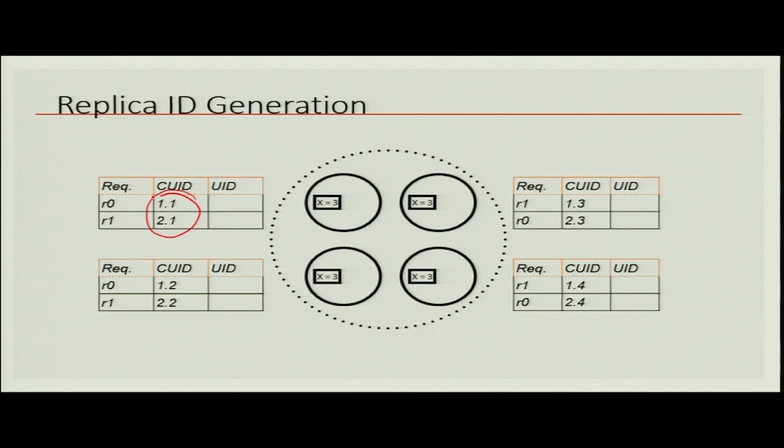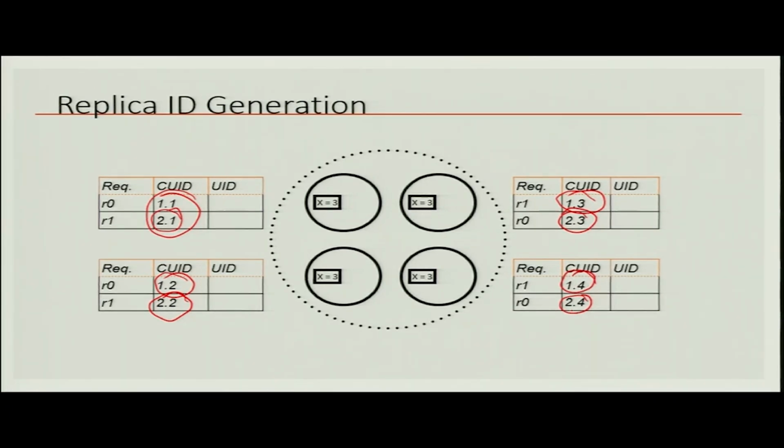This one decides that he will give R0 1.1 and R1 2.1. This one decides he will give 1.2 and 2.2, this one 1.3 and 2.3, and this one 1.4 and 2.4. The 1, 2, 3, 4 are their own IDs. Actually, each of them is saying this is 1, this is 2.